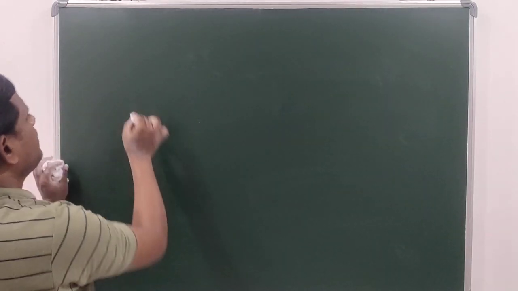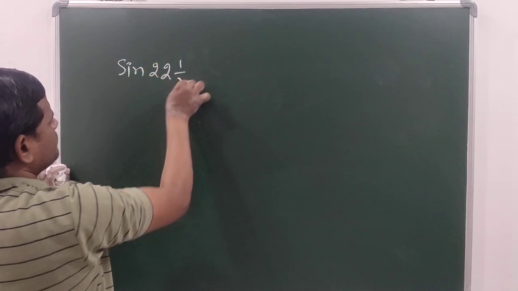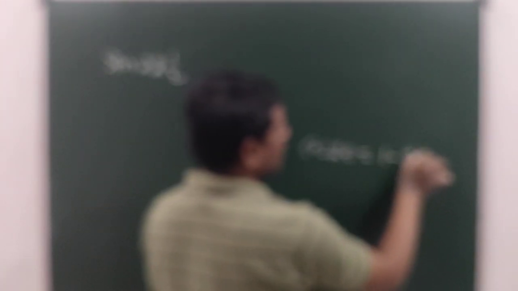Sine 22.5 degrees. For this, what do you do? I would like to use the multiples or submultiples formula. Cos 2 theta in terms of sine, what do you write? 1 minus 2 sine square theta.